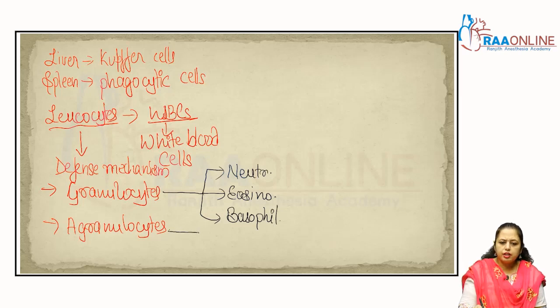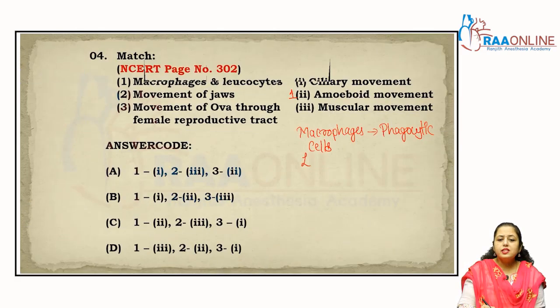Same as that, the agranulocytes are monocytes and lymphocytes. So all these cells show the amoeboid movement.